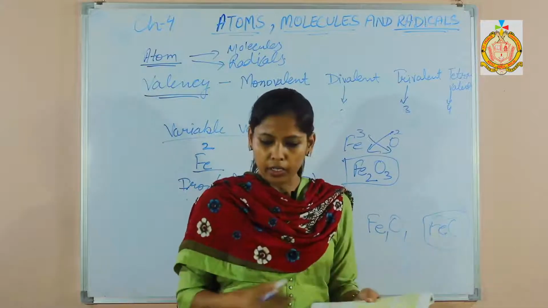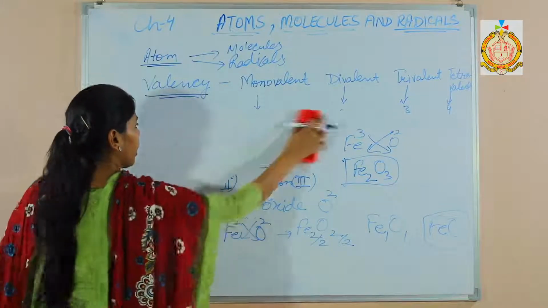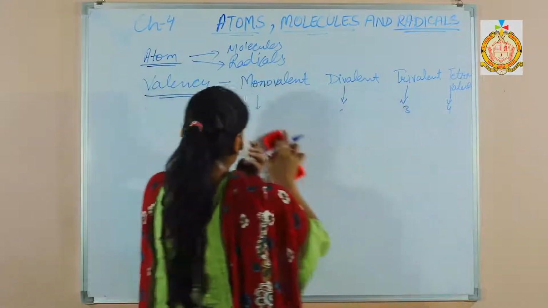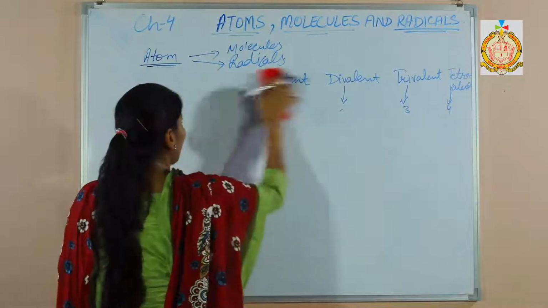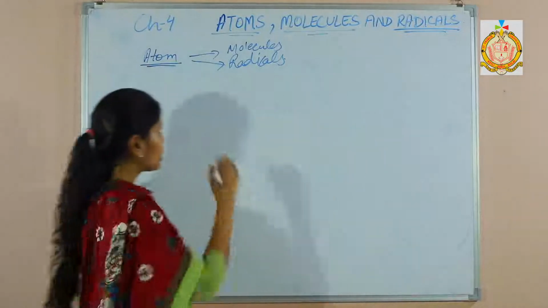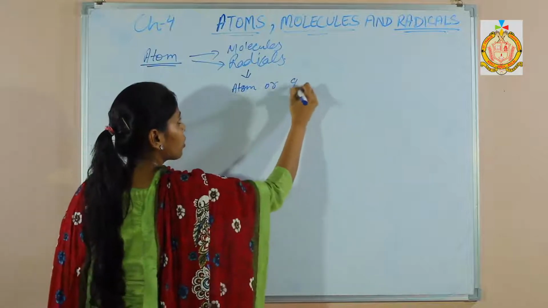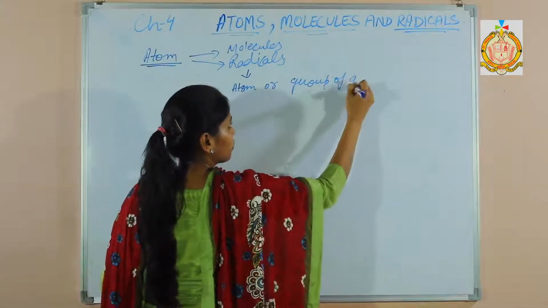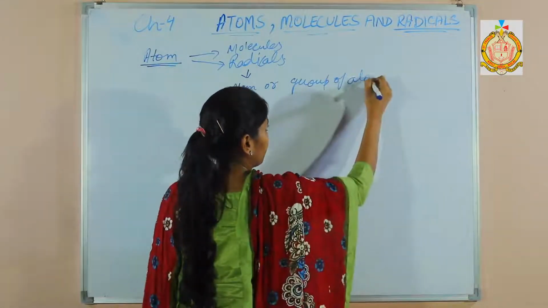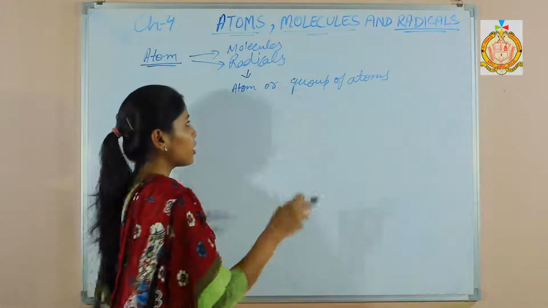Next one is radicals. A radical is also formed from an atom. Radicals take part in reactions as a single unit. The definition of a radical is that it is an atom or group of atoms having a positive or negative charge on it and acting as a single unit.